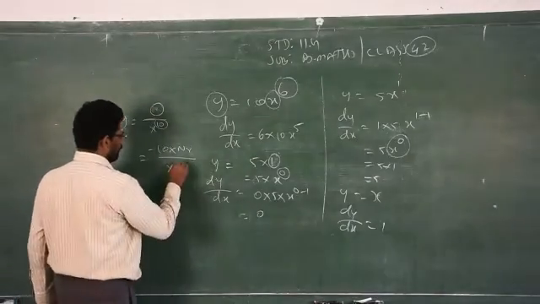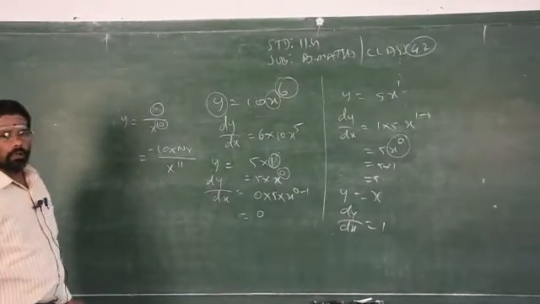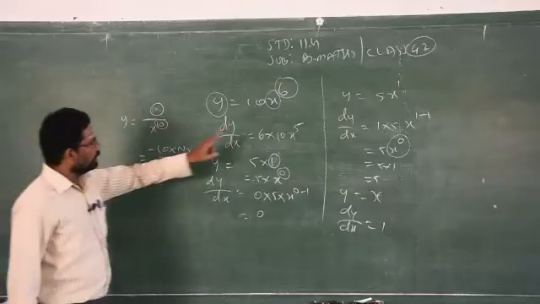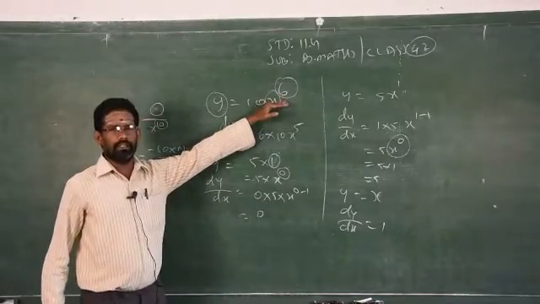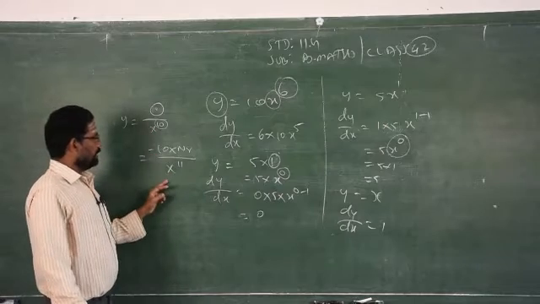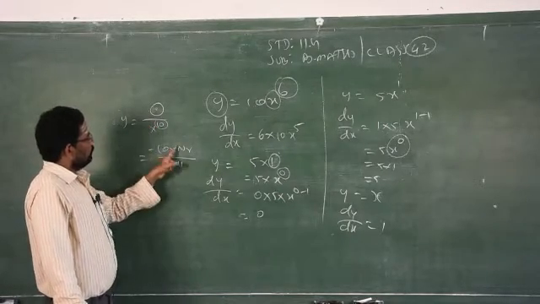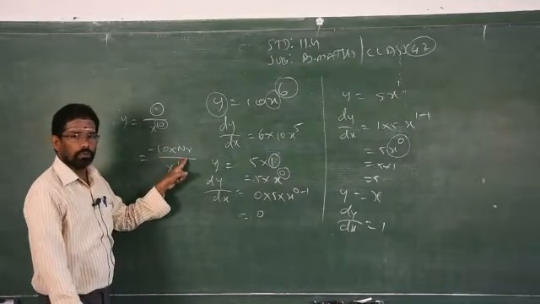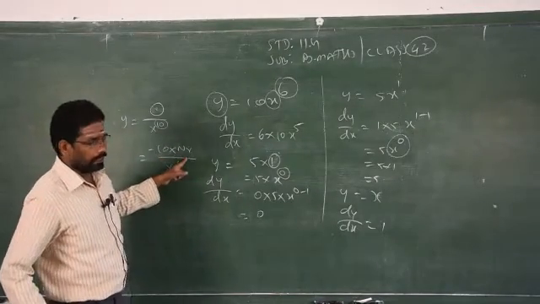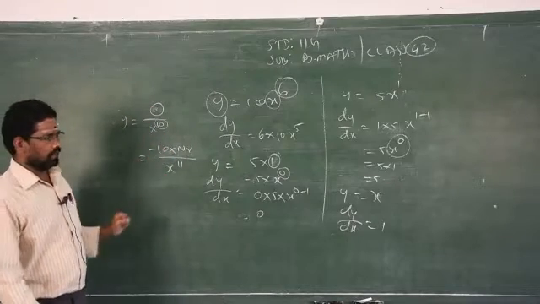Add 1 to the power. You have to add 1 to the power. Here you have to subtract. When the variable is in the numerator, you have to subtract. Whereas when the variable is in the denominator, just multiply the power by whatever the numerator is. Ensure no variable in the numerator. If there is a variable in the numerator, you cannot apply this method.